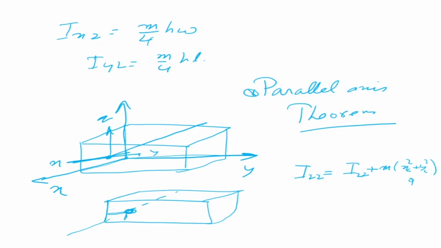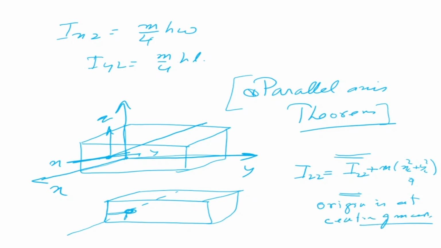Now we have a way of finding the inertia tensor of the body, and also a way of using the parallel axis theorem to make adjustments for the change of axis. In this particular case, the origin is at the center of mass.